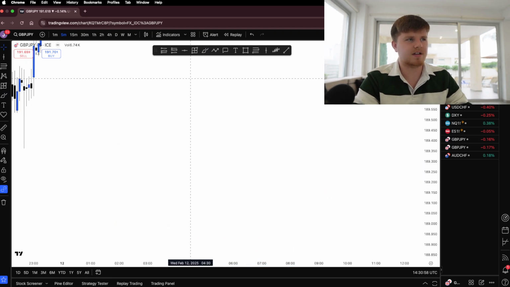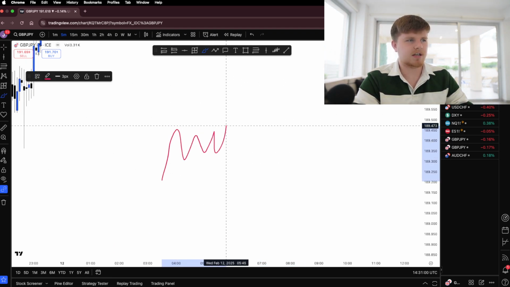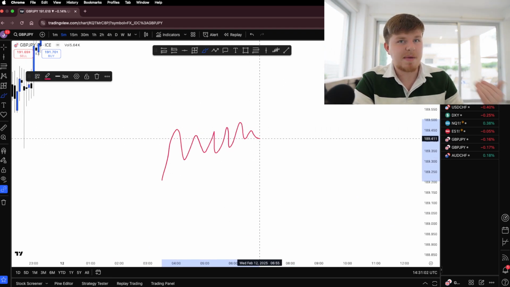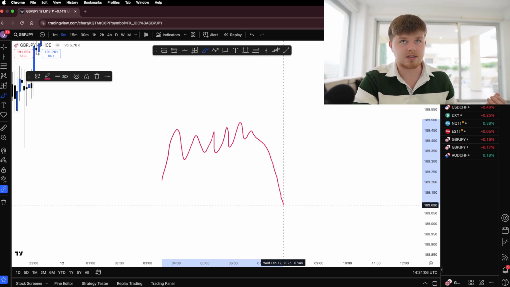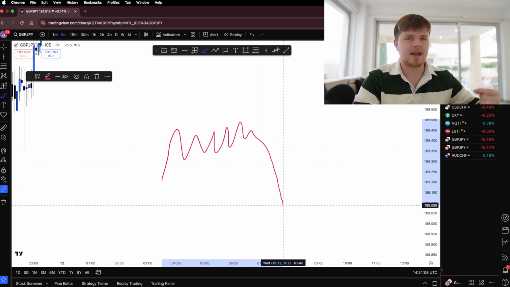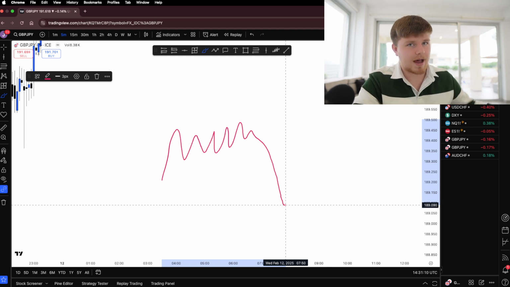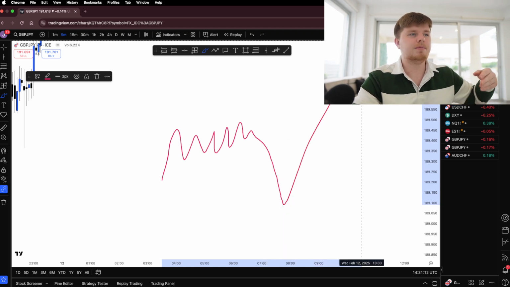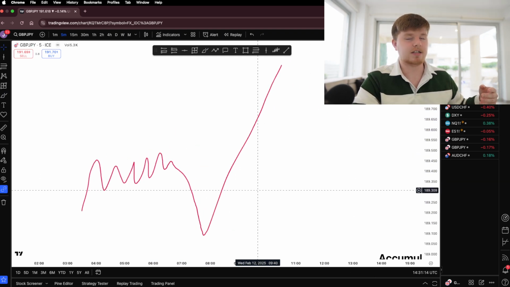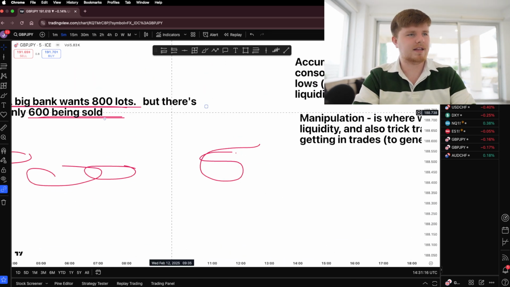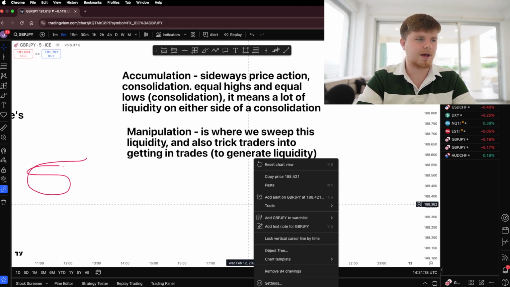So think about this, right? Price is accumulating, then the big banks manipulate price in order to trick people into selling, which pushes the price down. And then there's enough liquidity for them to buy 800 lots, which pushes the price up very nicely, okay? That's AMD, that's how it works, that's the liquidity behind it.